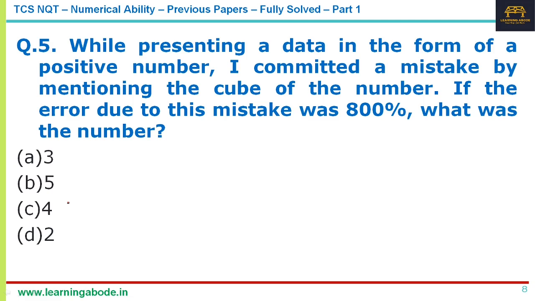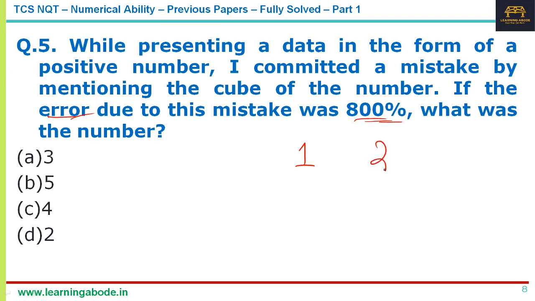Question number 5. While presenting data in the form of a positive number, I committed a mistake by mentioning the cube of the number. If the error due to this mistake was 800%, what was the number? Now please understand, the error is 800%. Let's say I have to actually write 1.